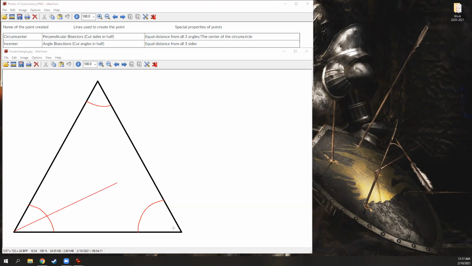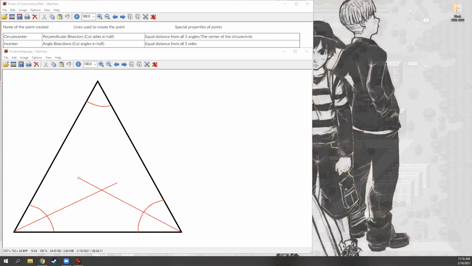In an acute triangle, it should be pretty close to the center. Cut angles in half. By the way, it's really difficult to cut angles in half by sight, so don't be getting on to me for that. All right. So the in-center, that looks a lot better.